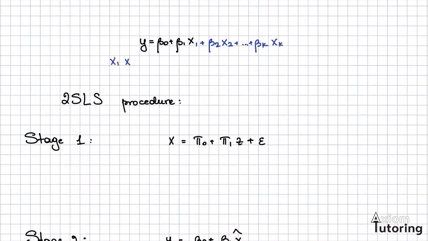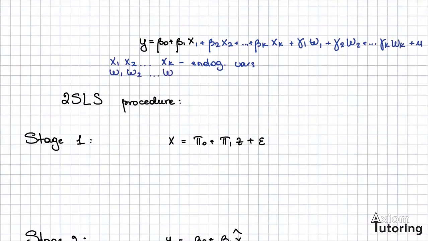So once again, x1, x2 until xk, these are all your endogenous variables. And we're also going to assume that you have control variables starting from w1, w2, and let's continue until wk. And ultimately an error term. So we got w1, w2, wk, exogenous, and we're going to assume that we have many instrumental variables, z1, z2, and so on. Okay.